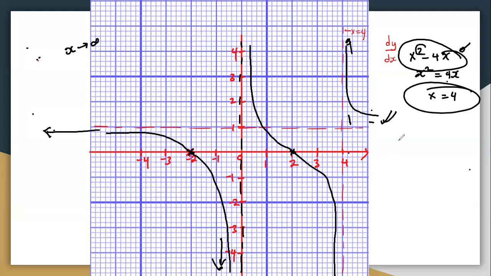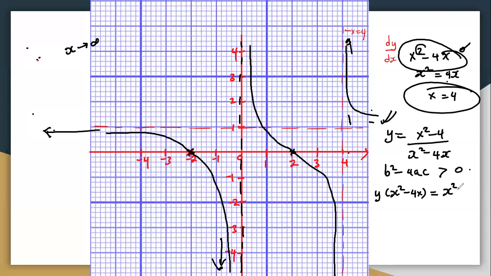Number two, when it comes to the region of restriction, I say y is equal to (x squared minus 4) over (x squared minus 4x). Remember, for the region of restriction we shall say b squared minus 4ac greater than 0. I'll cross multiply: y(x squared minus 4x) equals x squared minus 4. So yx squared minus 4xy equals x squared minus 4.